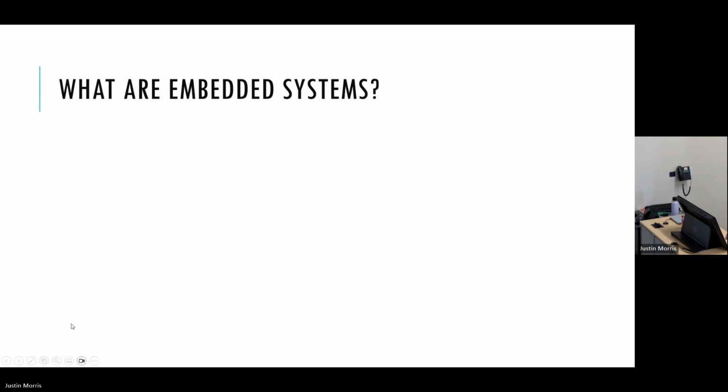So what are embedded systems? Maybe we can start with an example of an embedded system. Like those smart washers, the Samsung ones. Yeah, so it needs some sort of computer in there to provide the interface for the user.